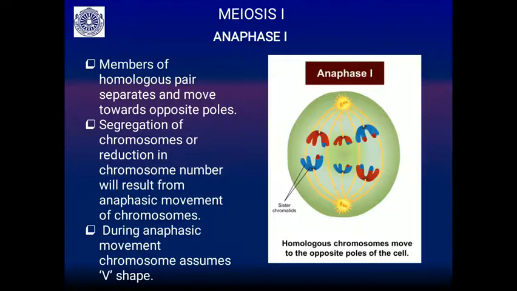Segregation of chromosomes, or reduction in chromosome number, now occurs, resulting from the anaphasic movement of the chromosomes. During anaphasic movement, the chromosomes form a V shape.